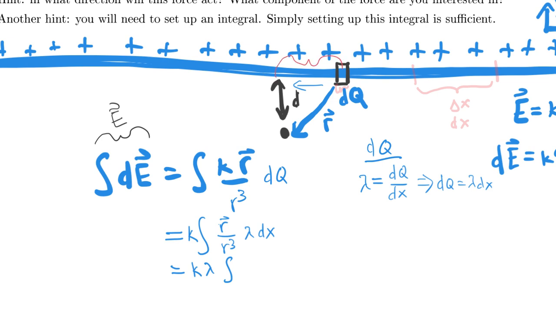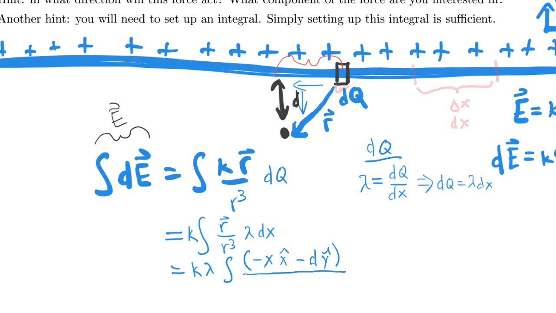This is essentially a distance x away, and then the x component here we just call x, let it vary. It'll be fine. So our r vector is going to be minus x in our x hat direction, and then we'll also have a y component, which is minus d in the y-hat direction.